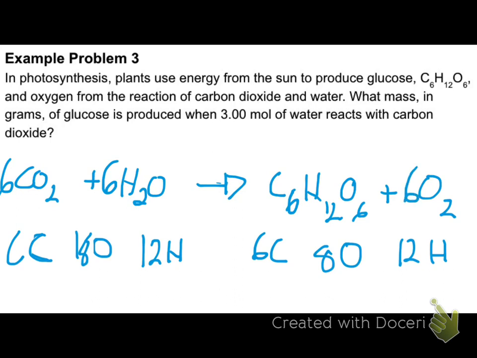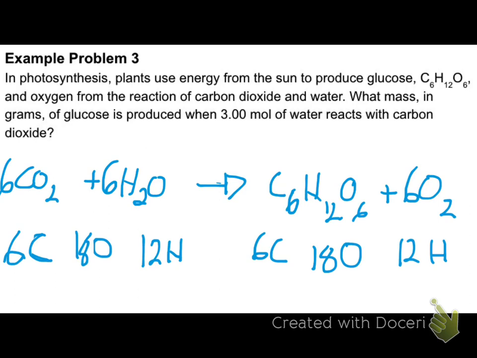Then we are going to have 6 oxygens from the glucose, as well as 12 from the oxygen, which would bring us up to 18. And now we appear, at least, to be balanced, yes? Mm-hmm.